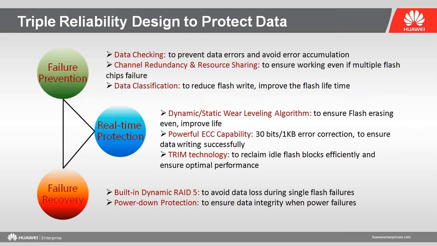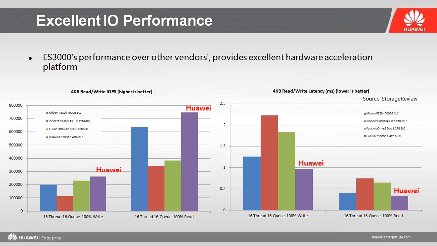Trim technology works with the operating systems to reclaim flash blocks efficiently and maintain optimal performance. But at the same time, what about failure? We have built-in dynamic RAID to avoid loss during single flash failures, as well as power down protection to ensure data integrity when power fails as well. That's key in getting a quality solution.